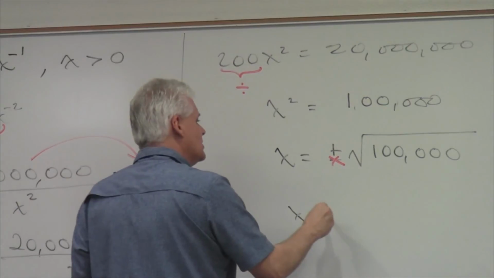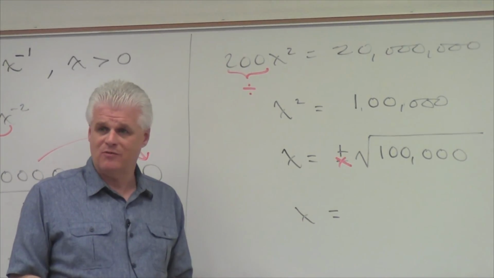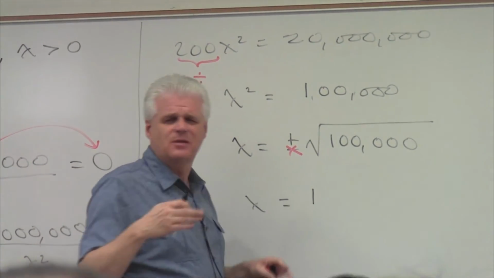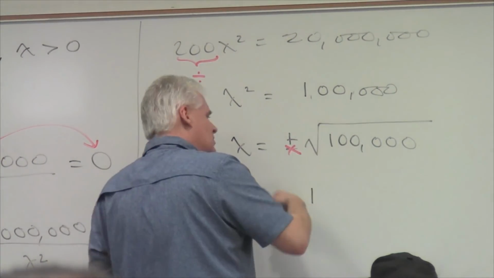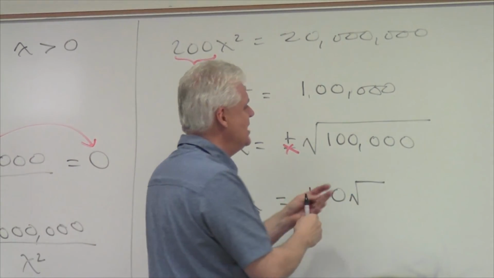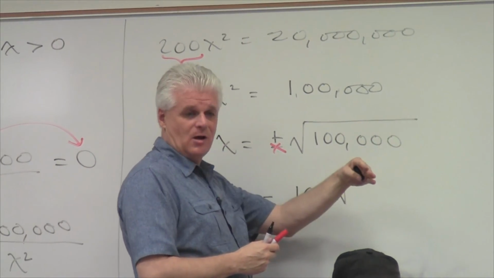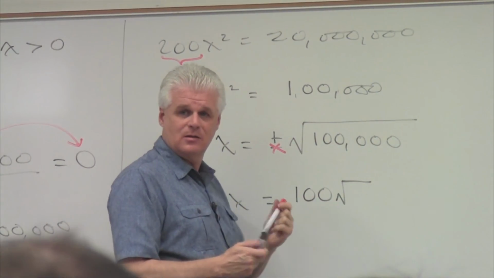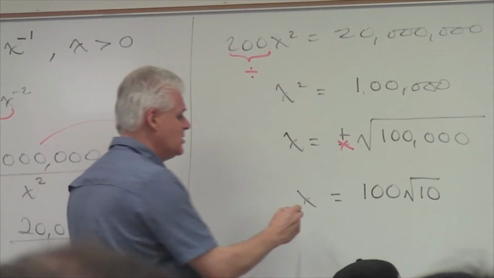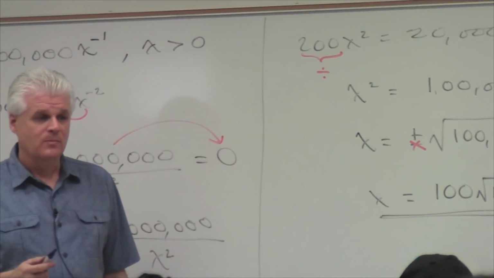So x is, 10,000 is a square of 100. So I can take 10,000 out as a 100. And what does it leave behind if I take 10,000 out? It leaves us a single 10 behind, doesn't it? So it's 100 root 10. That's our critical value. What do we now need to do with it?